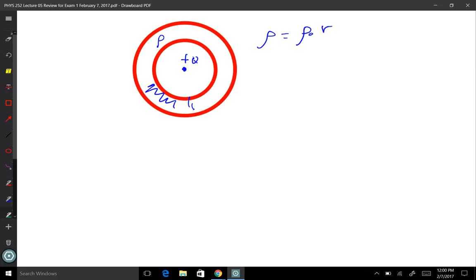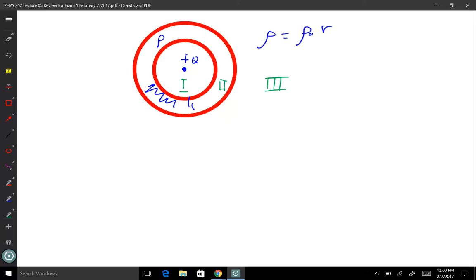Those regions will be region 1, region 2, and region 3. The first one is inside where it has a charge in the center and then nothing. The second region is where we have charge distributed. And then the third region is outside of that, where it's going to look like a point charge.